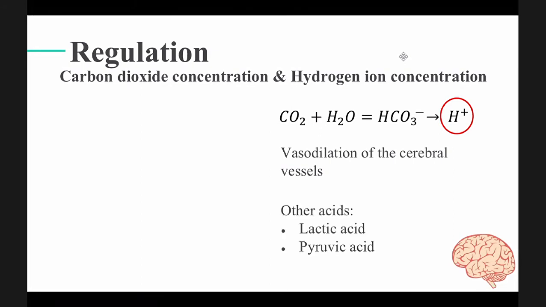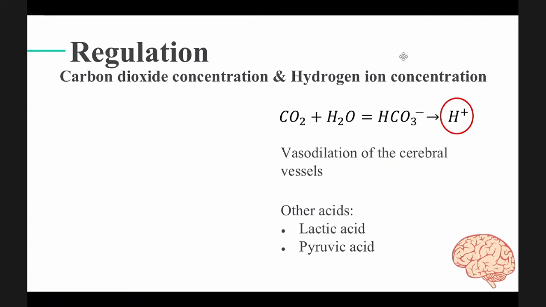So any form of hyperacidity, like lactic acid or pyruvic acid, would increase H+, and so causes vasodilation. Not just carbon dioxide, but yung pinaka-important substance is carbon dioxide. It indirectly causes vasodilation or increased blood flow, whereas hydrogen ion directly causes an increased blood flow in the brain tissue.